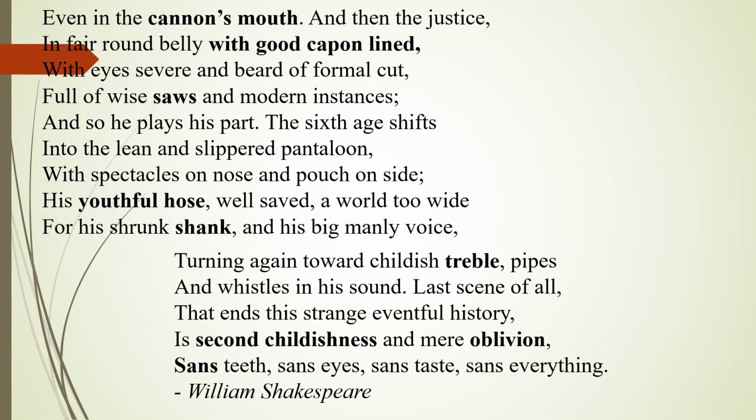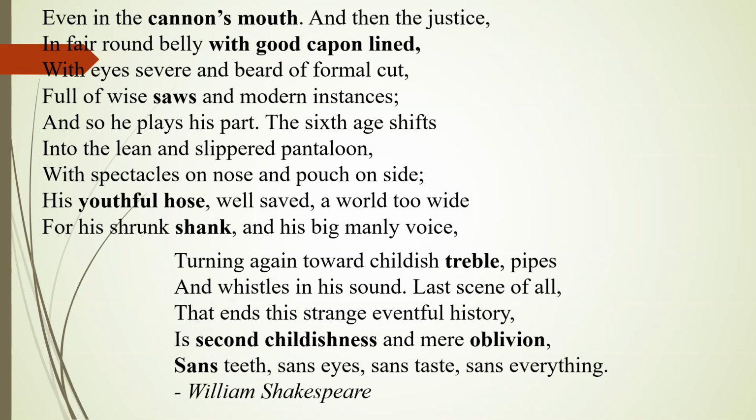Now the last stage, that is the seventh. At first I told you that William Shakespeare has divided our life into 7 ages. One by one we have discussed 6 ages. Now let us see the 7th age, that is the last one. Let me repeat all the ages which we have discussed.